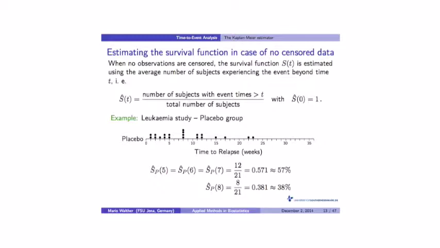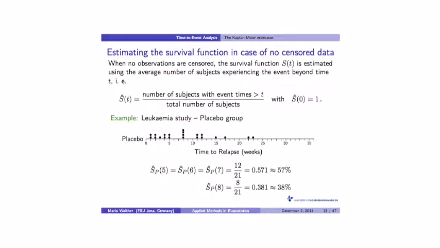Let me explain it by the example of the leukemia study, where all patients in the placebo group relapsed. Here you can see the time to relapse, which is my event time, and the filled circles represent patients who relapsed.